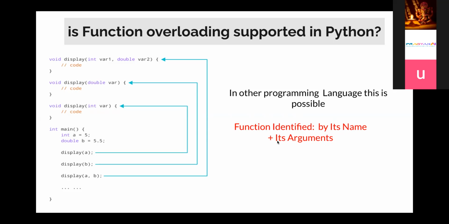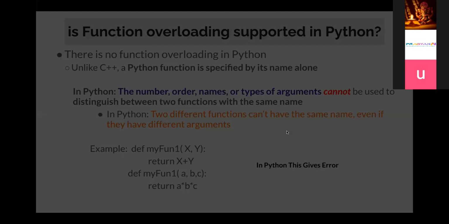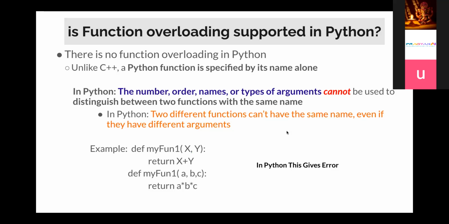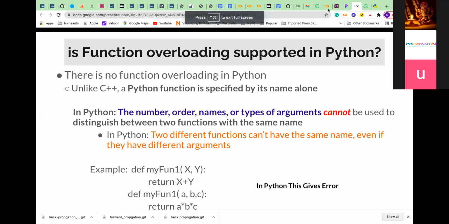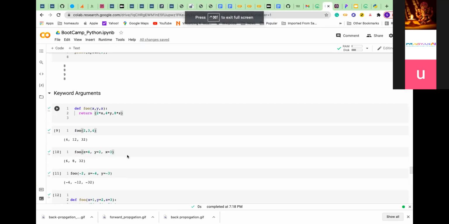In Python, functions are identified by only the function name, not by its arguments. So if I do the same thing here, what will happen? It won't give an error, let me show you. It will take whatever is the last one.